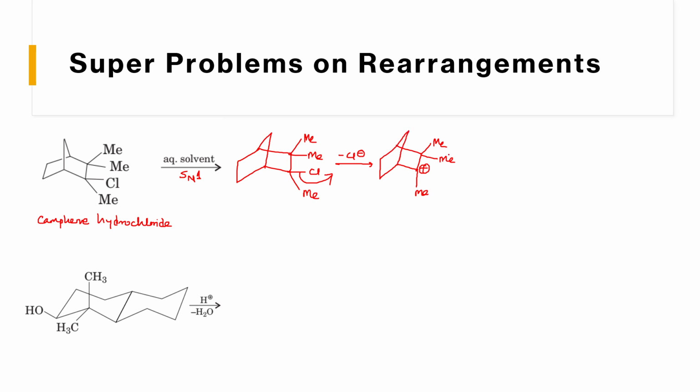Now one of these methyl groups can also migrate, but that will create the same type of carbocation. इसीलिए यहाँ से ये बॉन्ड माइग्रेट करता है इस तरफ, और इसके कारण आपको इस तरह का एक नया कार्बोकैटायन मिल जाता है.